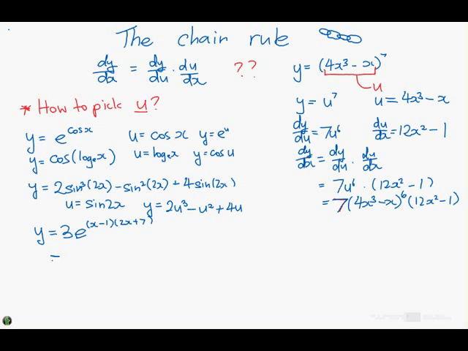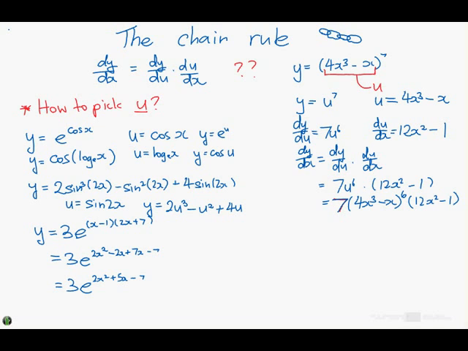So you can do 3e to the, now let's expand this thing, so you'll get 2x squared minus 2x plus 7x minus 7. That's just 3e to the 2x squared plus 5x minus 7. Does that look a little bit better? It does, doesn't it?